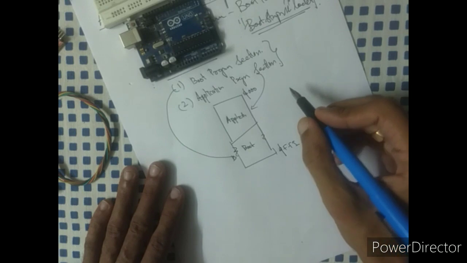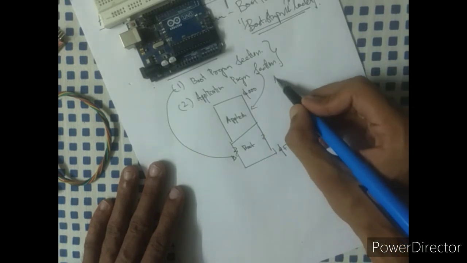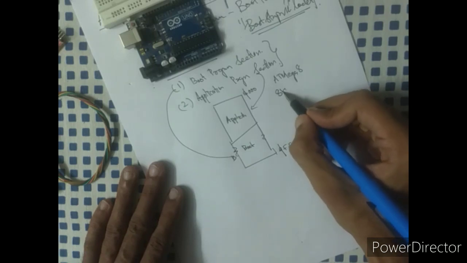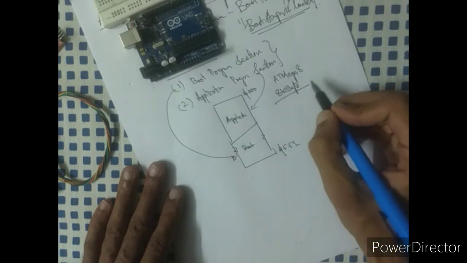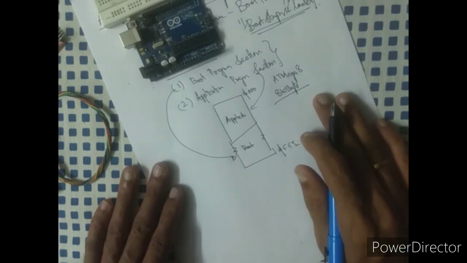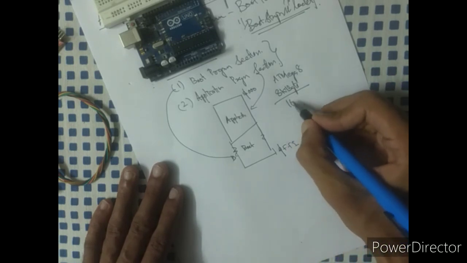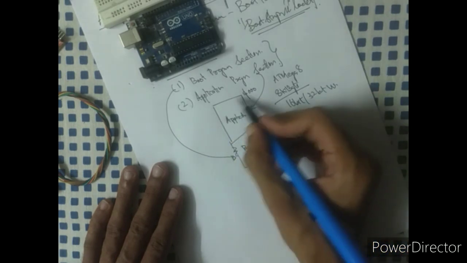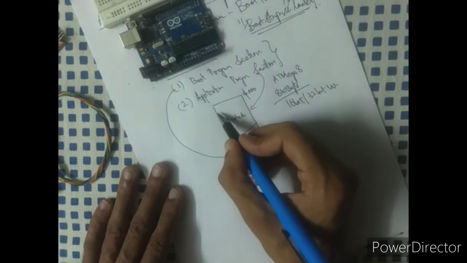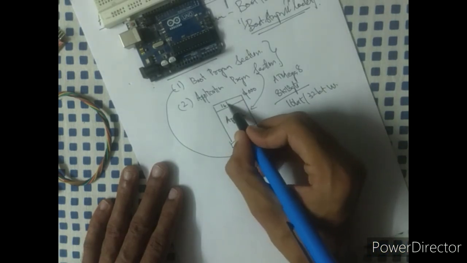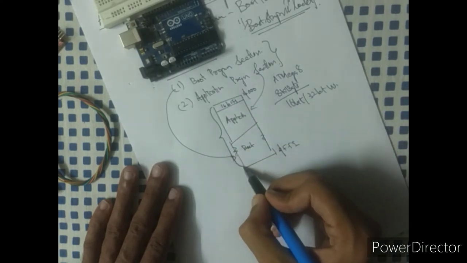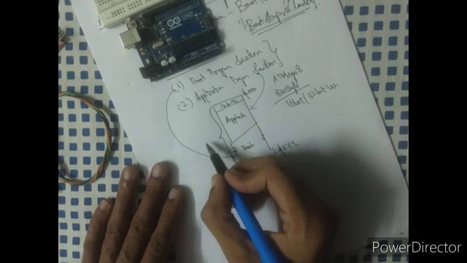Since we are dealing with, for example, the Atmega 8, it has 8 kilobytes. Since the instruction words are 16 bits or 32 bits wide, this entire space is 16 bits wide, and it has 4K addressable locations.